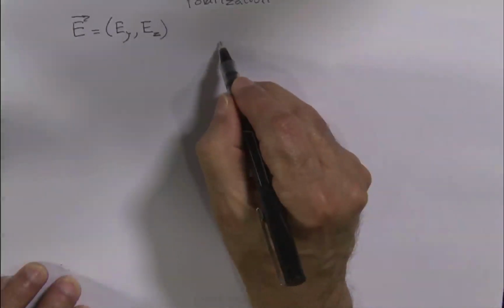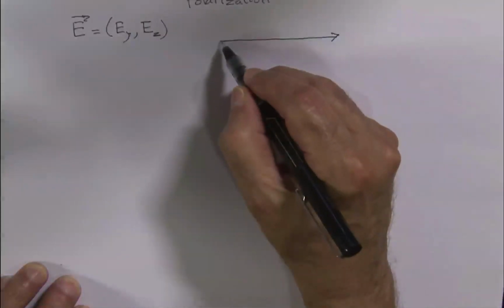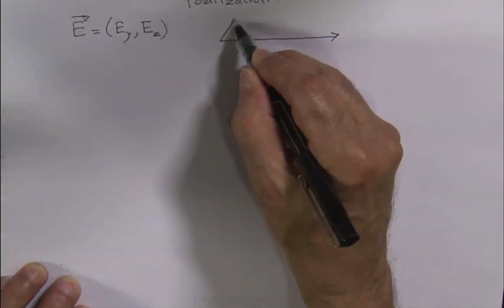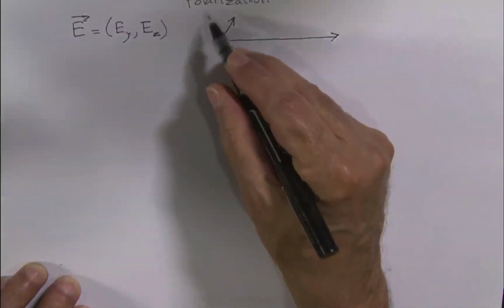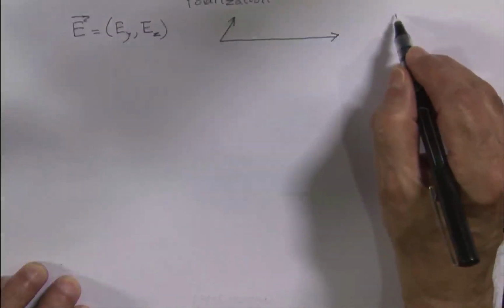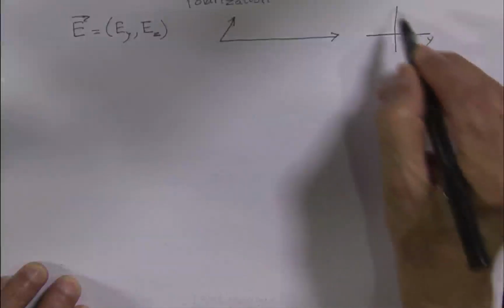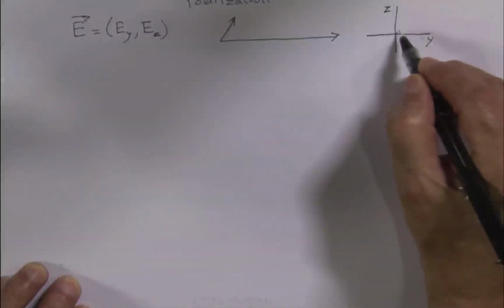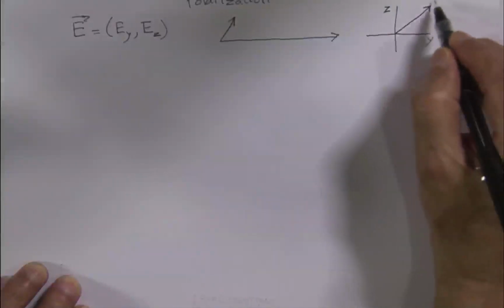And so if the wave is traveling like this, then that vector will be pointing in some direction which is perpendicular. So it's either here or here, perpendicular. In other words, if we draw the y and the z directions like this, then the electric field is a vector like this.